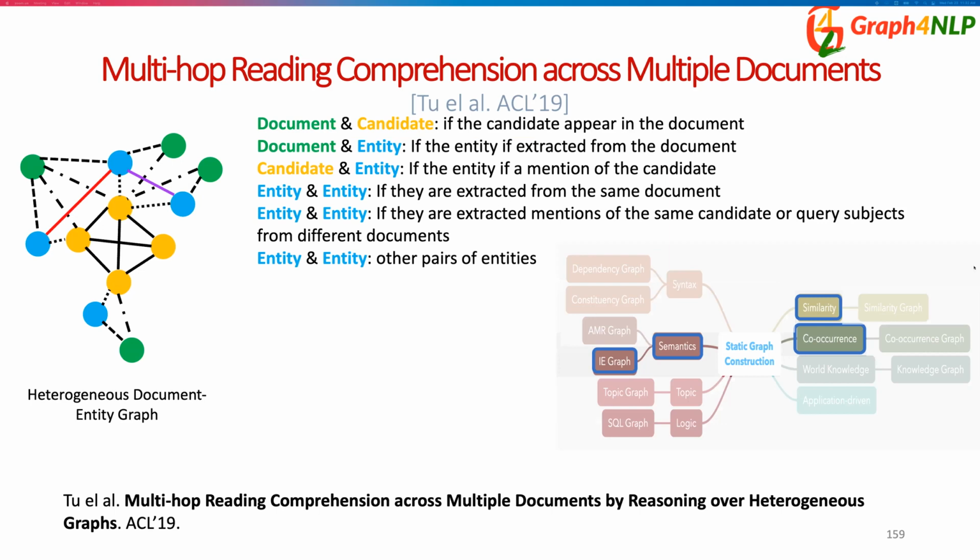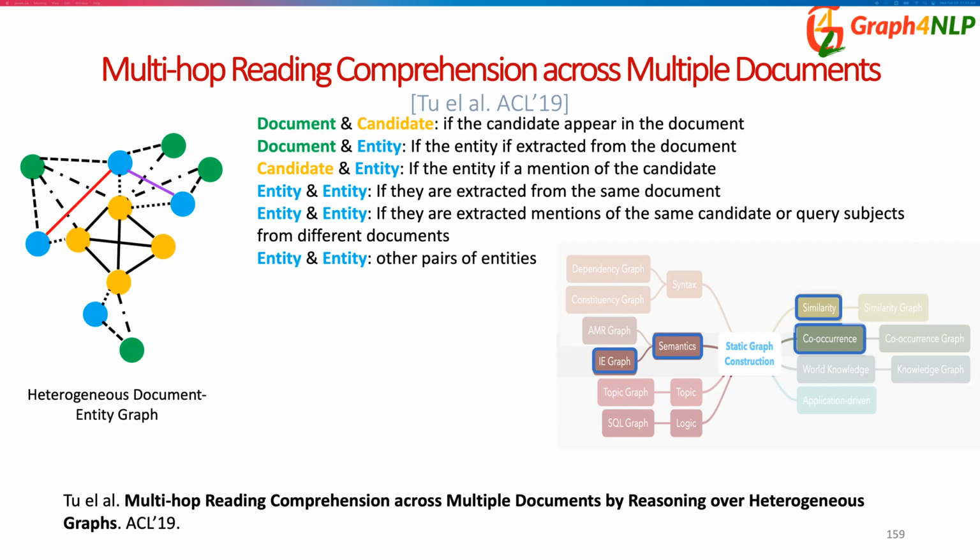So as you can see, the heterogeneous document entity graph contains three kinds of nodes. We have document nodes, candidate nodes, and entity nodes, and it also introduces more kinds of edges. If you remember what we discussed earlier, there were four types of edges. Here, there are three types more.